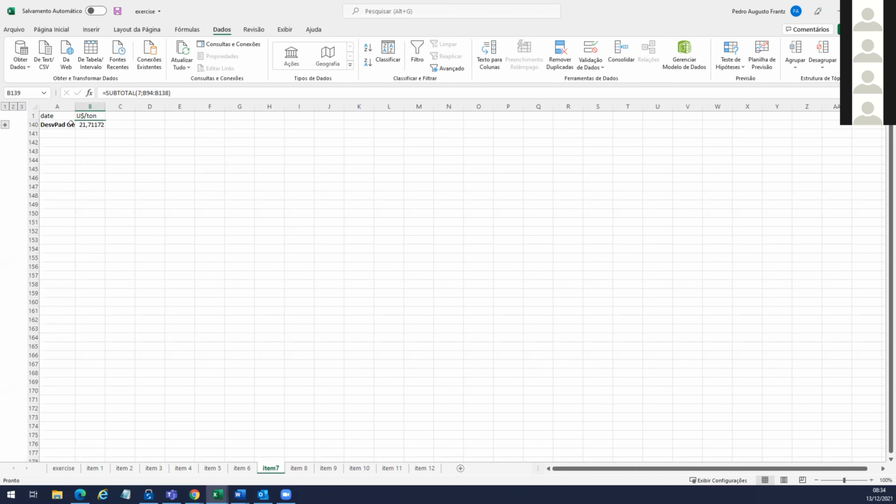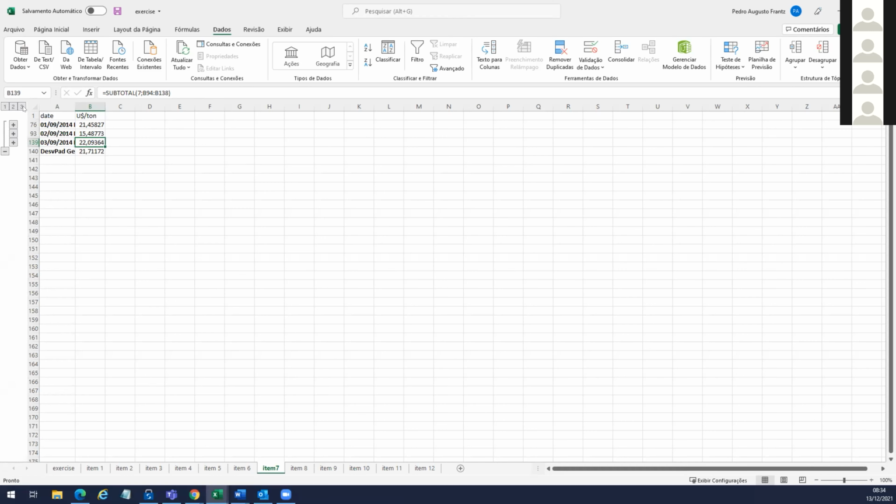I would choose 2, but if I choose 1, it won't show per day. I was asking Pedro if it makes a difference if I choose 1, 2, or 3. No, because he's always choosing 2. So I was asking him if it makes a difference to choose 1 or 3. So he was explaining that if you choose 1 it is the aggregate, if you choose 3 it is by day.